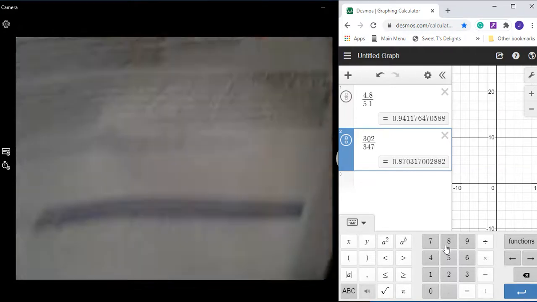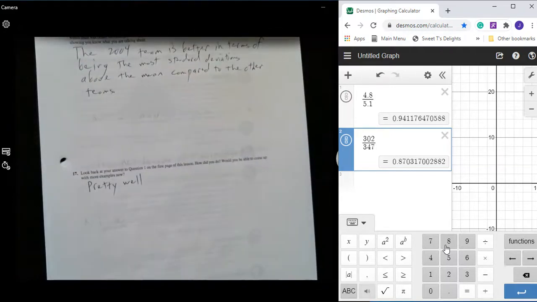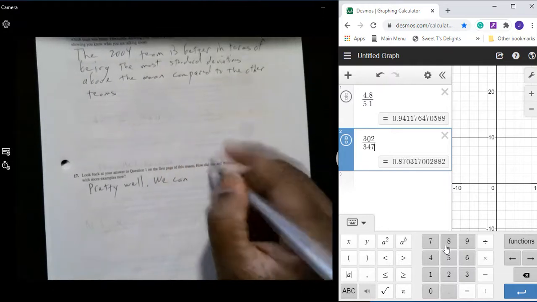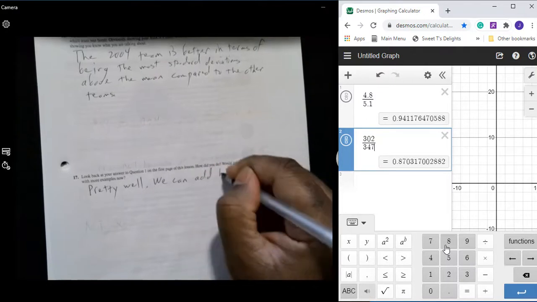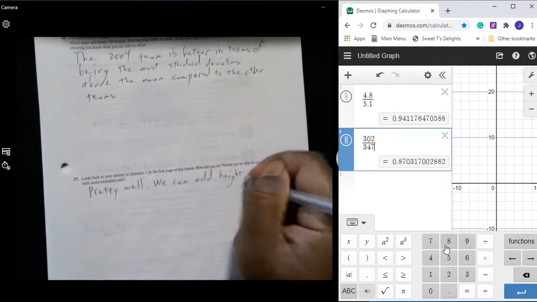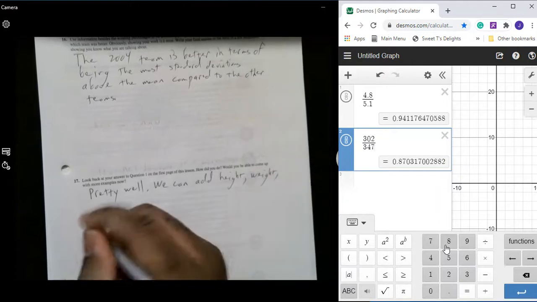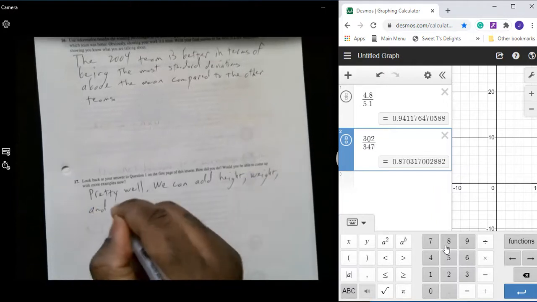And we wrote down IQ scores, finish times in a race, and scores on an exam. Okay, so pretty well, we can add height, weight, and candy in a package.